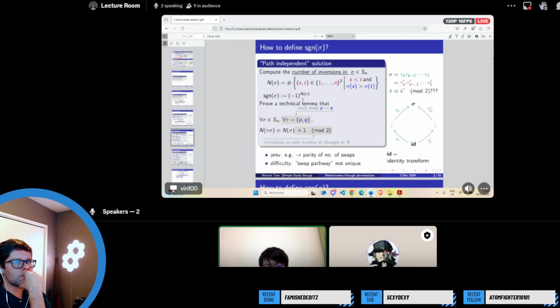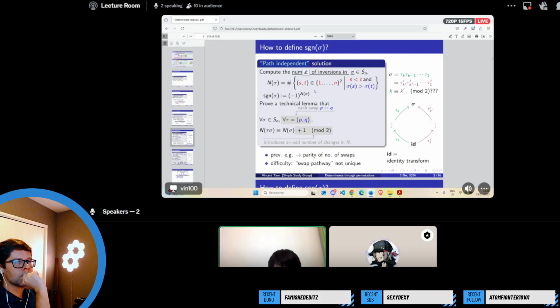So under this graphical intuition, the special point is that this way of defining the sign of a sigma is independent of the swap pathway. For words that are not rigorously defined, I put them in double quotes. These are just to try to capture our verbal intuition.